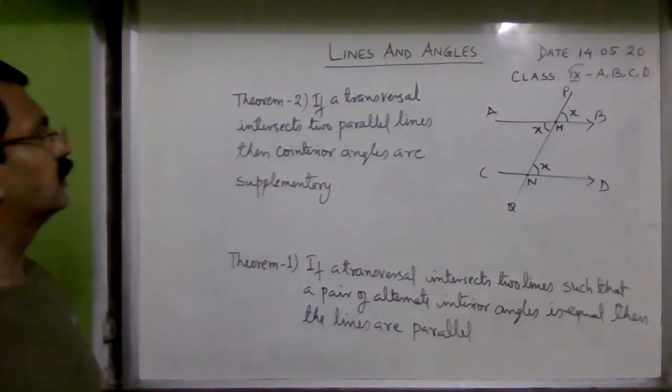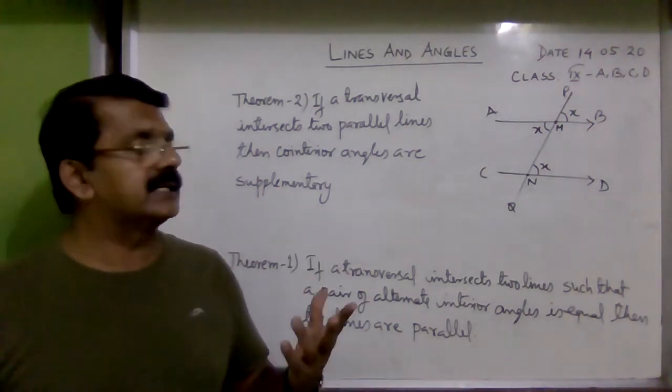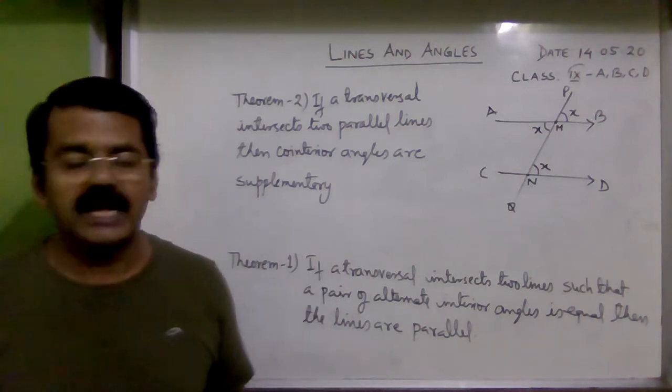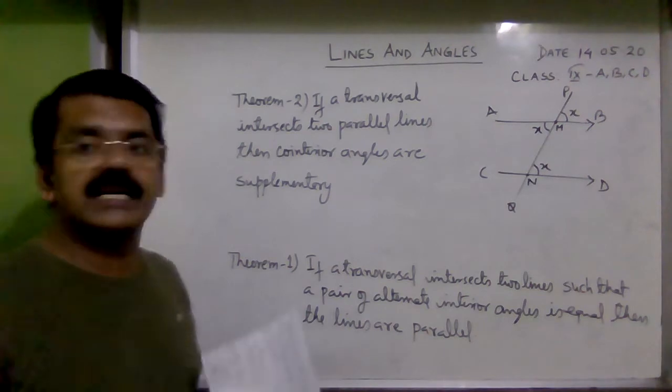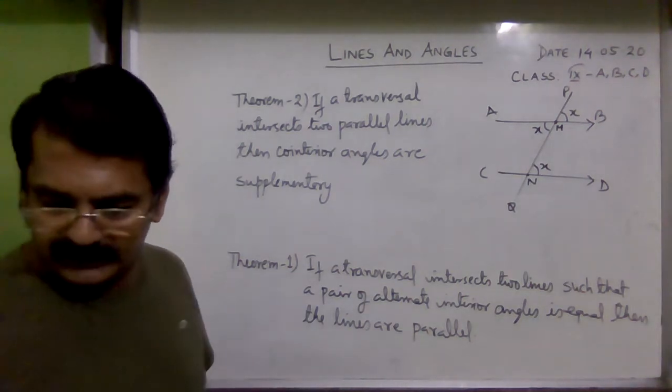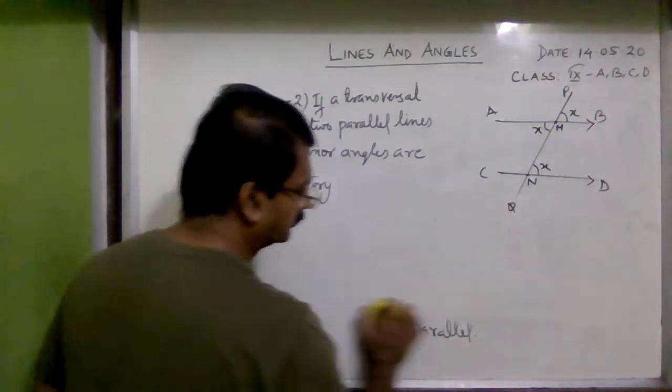Again, I have already told you that if a transversal intersects two parallel lines, then the co-interior angles are supplementary. But as I told you, this is also a theorem, so you have to prove it.